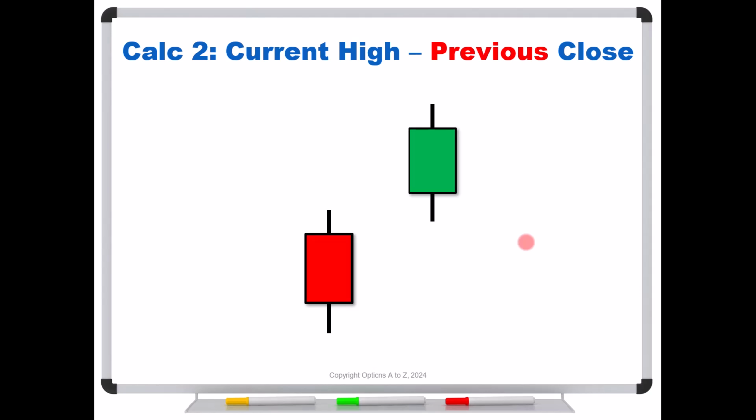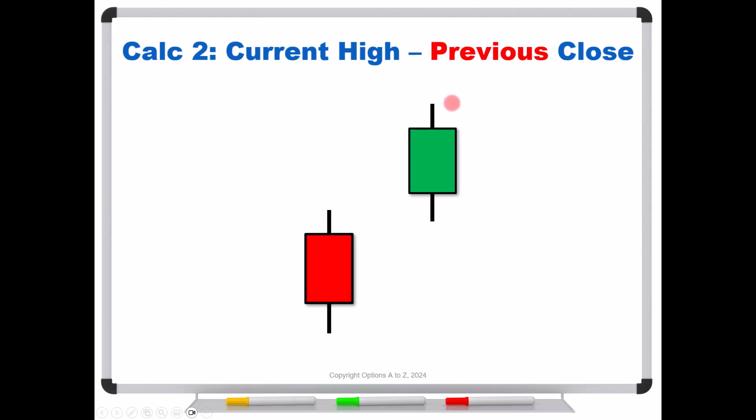So let's say that we see something like this. Here's today's candle in green, here's yesterday's. Now in these examples, I'm going to assume that there's a gap, but the reason he has these second and third calculations is that we could have overlaps, what are called inside days. And so that's where we need to separate these calculations. But I'm just trying to show the basic idea.